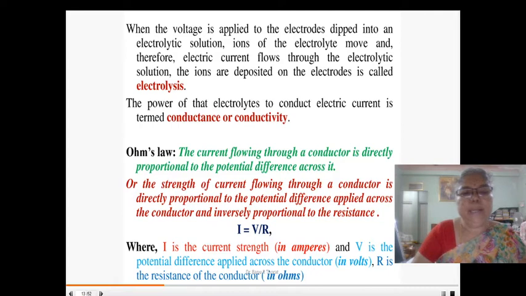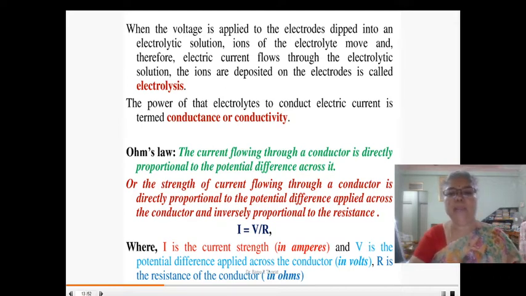Mathematically, it is written as I equals V by R, where I is the current strength in amperes, V is the potential difference applied across the conductor in volts, and R is the resistance of the conductor in ohms.